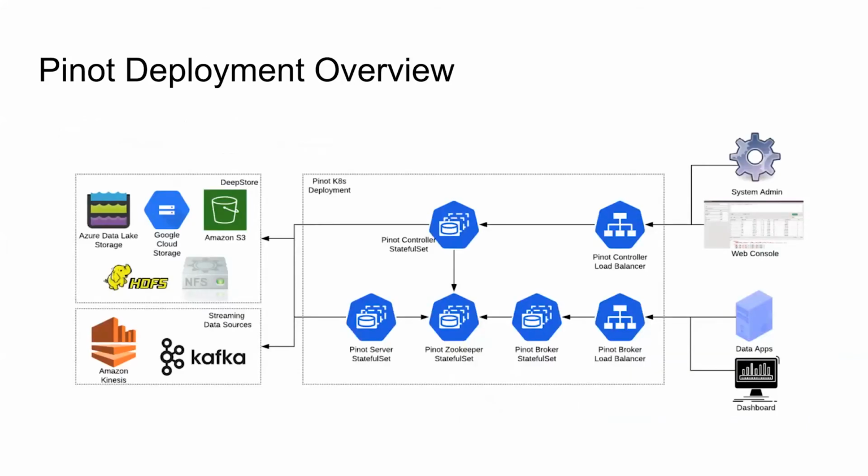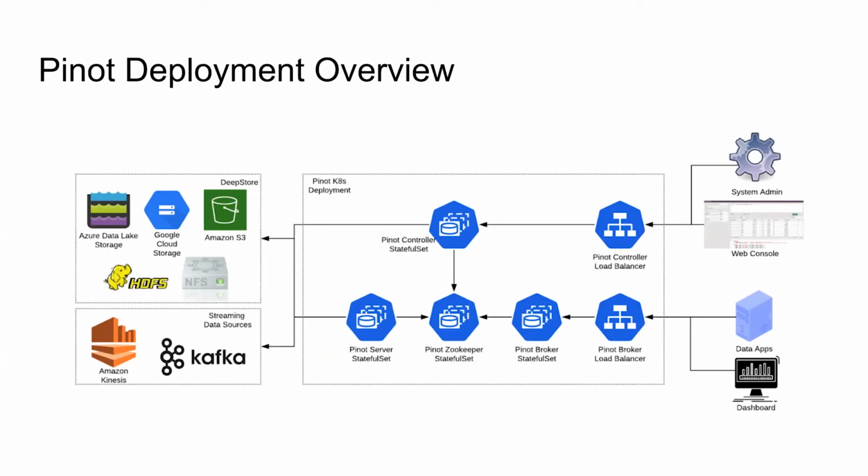So here is a very high-level Pinot deployment on Kubernetes. If you take a look at the middle part, we use a StatefulSet for all the Pinot components, as well as ZooKeeper, because a StatefulSet is a workload API object used to manage stateful applications in Kubernetes.